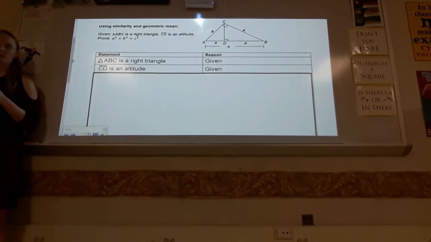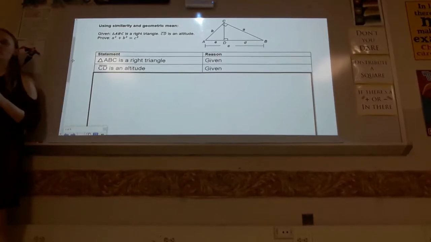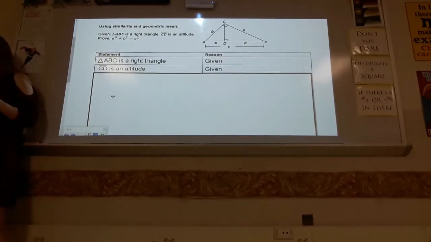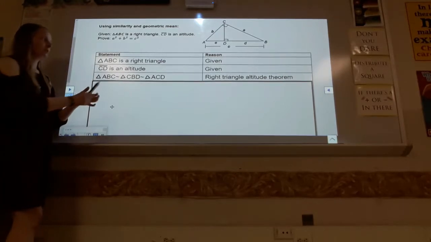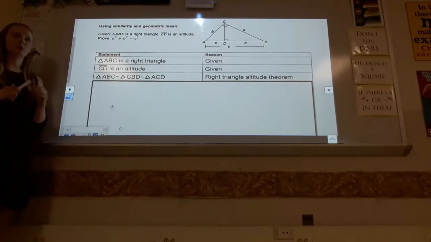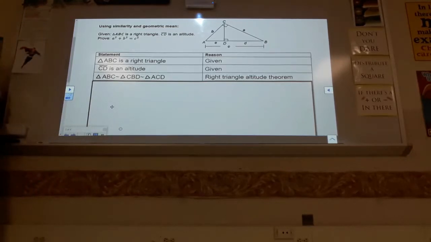Splits it into two new ones. What do you know about the two new triangles and the full triangle? What's the relationship? They're all similar. So that would be the next thing that you guys would write down. I know that the full triangle is similar to the small one and the medium one, the ones that are broken up by using the altitude, and that's what we learned last time with the right triangle altitude theorem. If you draw that altitude, you get these relationships.